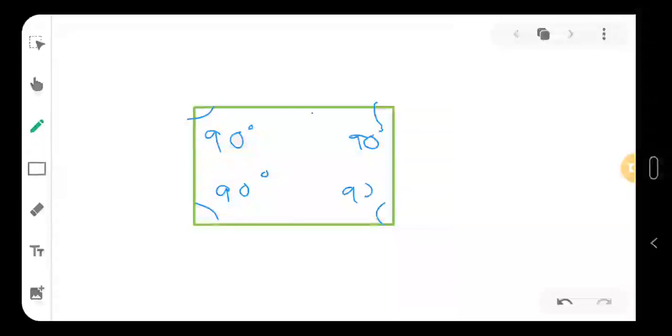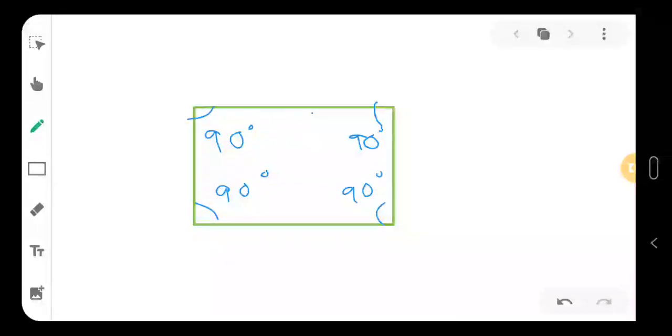If we talk about a rectangle, then we know that a rectangle has 4 edges and 4 corners, that means 4 angles. All of these angles are 90 degree in value.